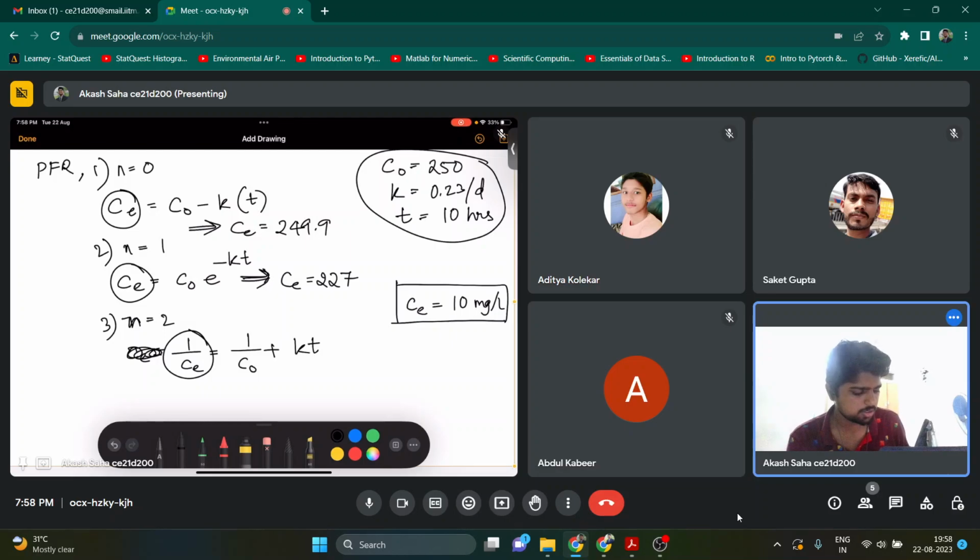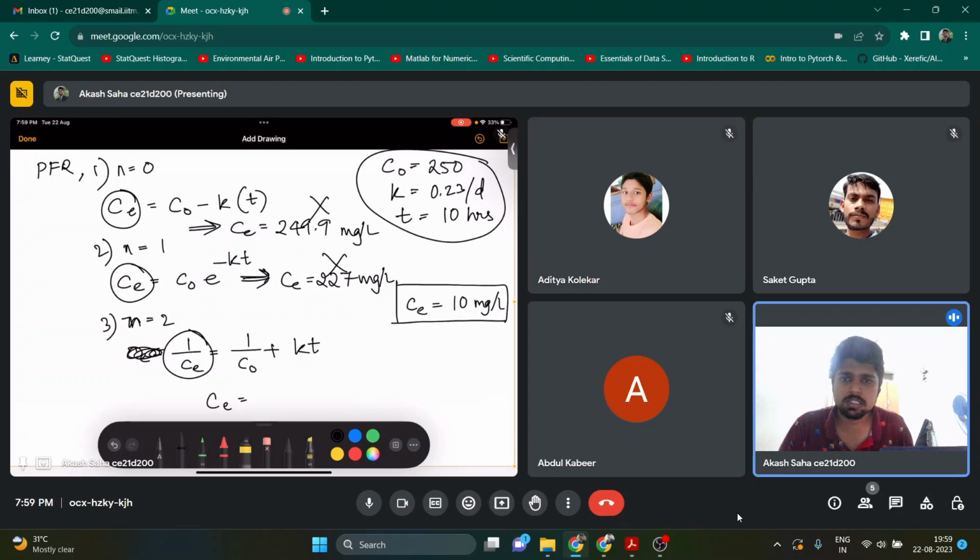1 by C is equal to 1 by C naught plus kt. So tell me what is the C in this case. So this is not the answer.